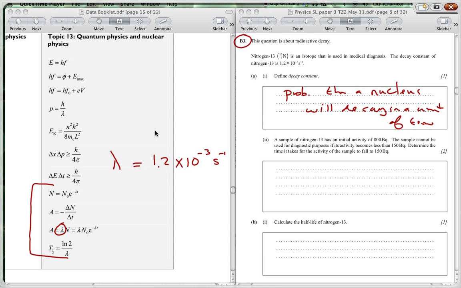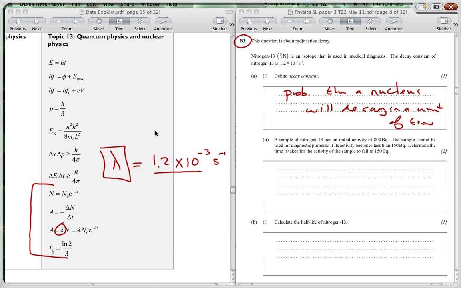So here we have 1.2 times 10 to the negative 3 per second. So the probability is 1.2 times 10 to the negative 3, or you could put that into a decimal value, per second, that a nucleus will decay.